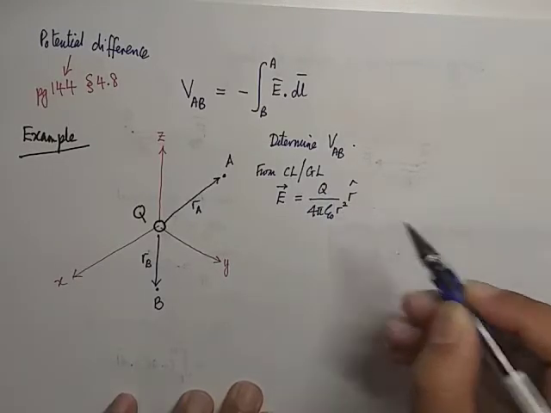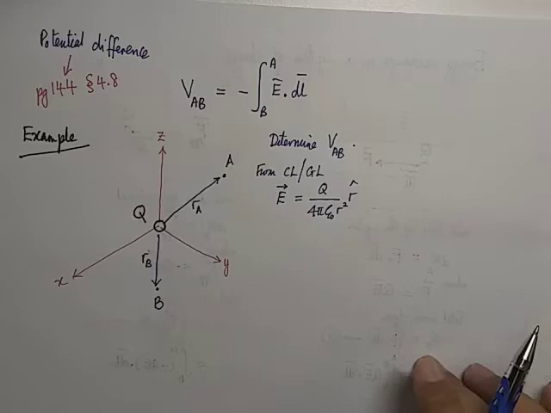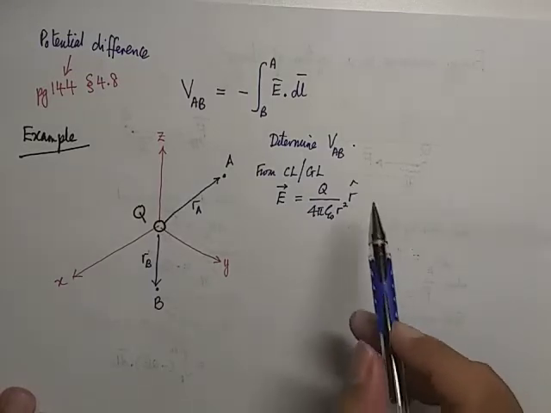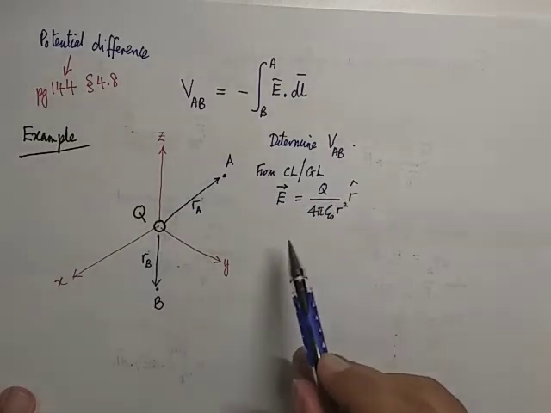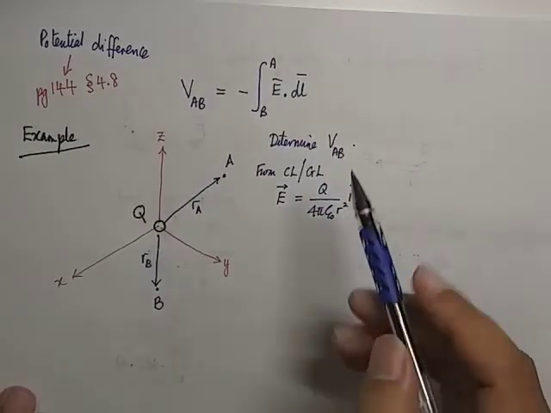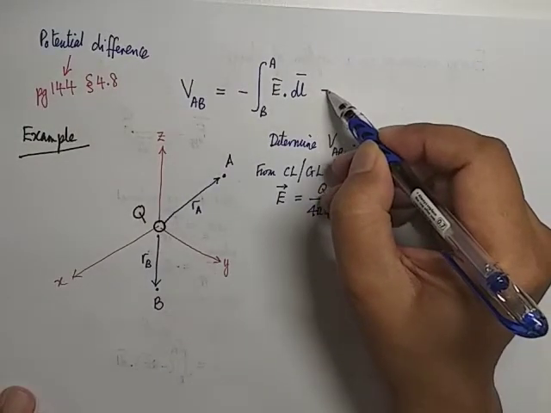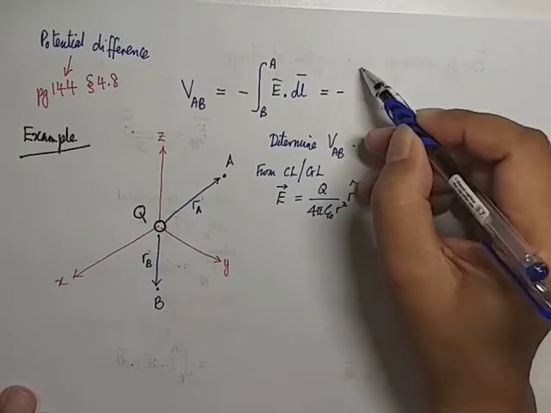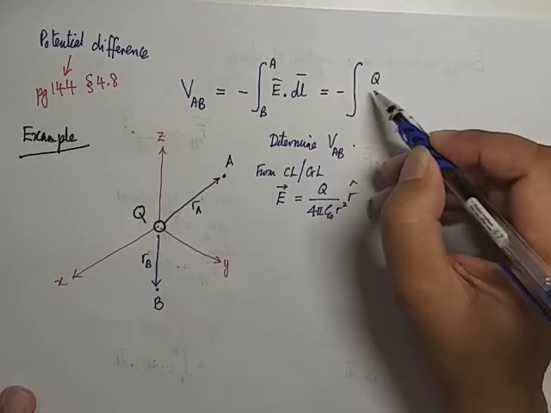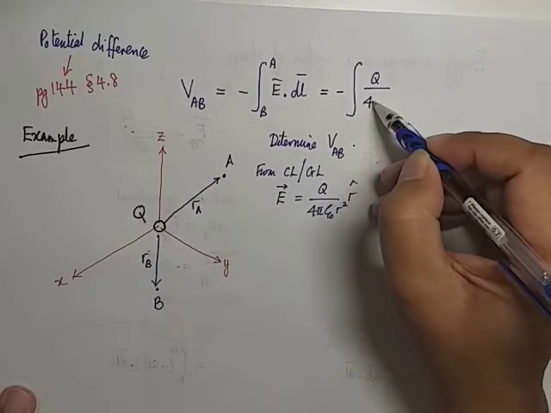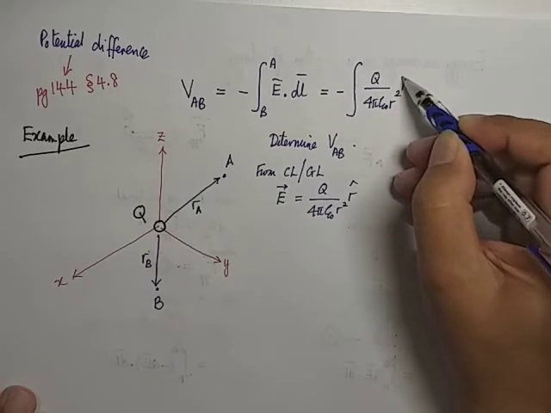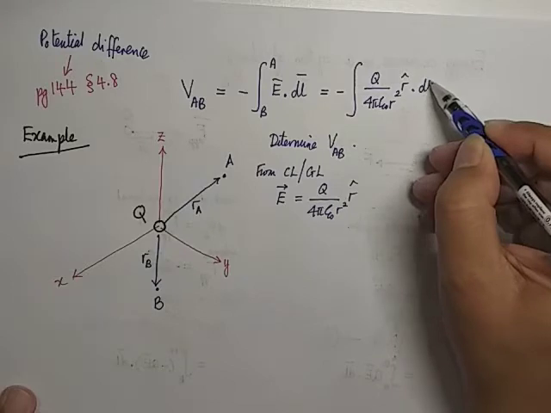Yes, it should be R squared here. So that should be the equation of the E, based on spherical coordinates. Therefore we can substitute the E into this equation, and we end up with negative Q over 4 pi epsilon naught R squared in the R direction, dotted with dl.